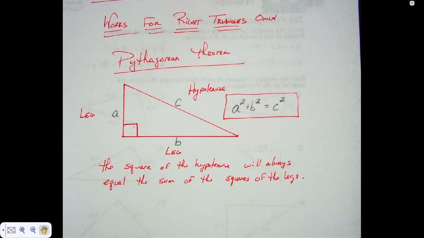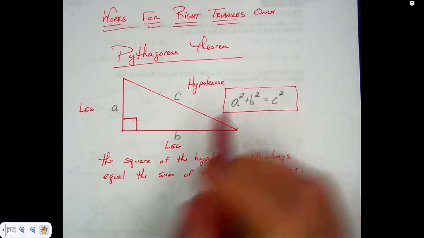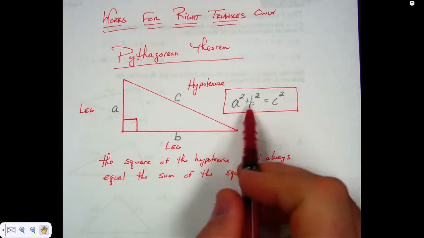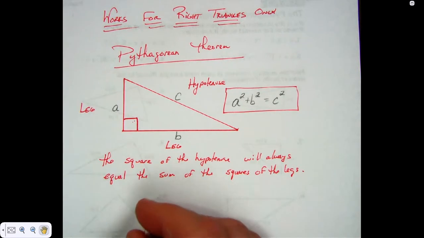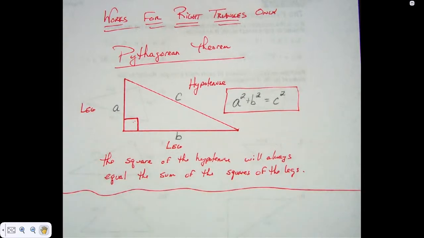Now, what's going to mess some people up is how we solve this. In this section, we'll give you basically two of these three and ask you to solve for the one that's left. What I want everyone to remember here is the square root. Does everybody know what this means?